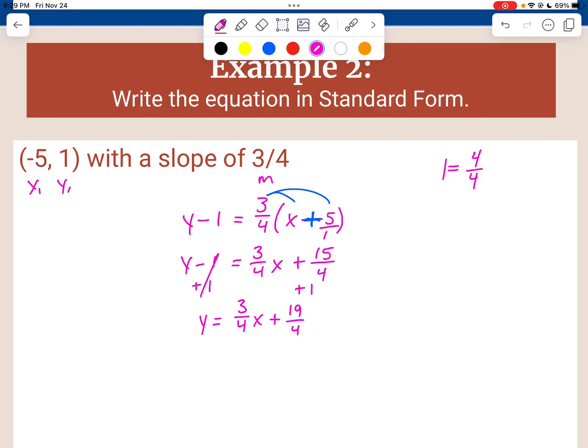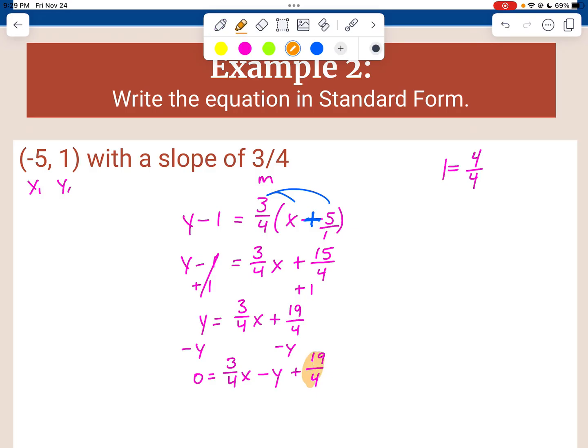I need to move the x and the y to the same side. So I'm going to keep x positive, so I'm going to move y. That gives me 0 equals 3/4 x minus y plus 19/4.